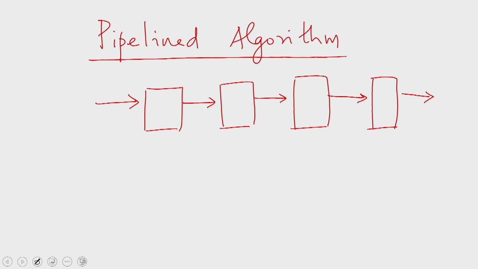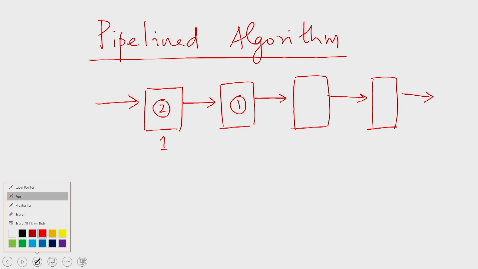So, all the data is not sent through the algorithm simultaneously. A part of the data is first given to block 1. After block 1 has processed the first part of the data, it sends it to the second component. When the second component is processing the first part of the data, the first component will take the second part of the data and process it. After that, all the data will be sent one step forward.